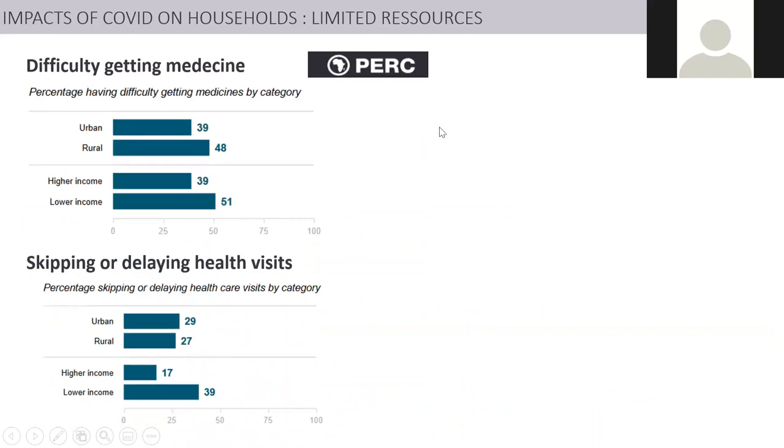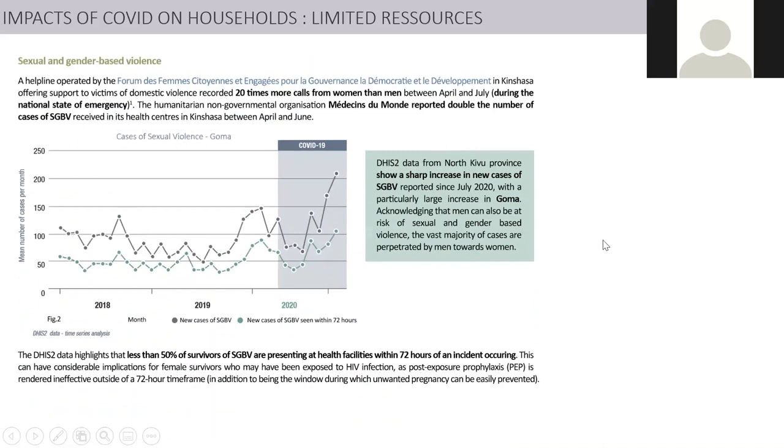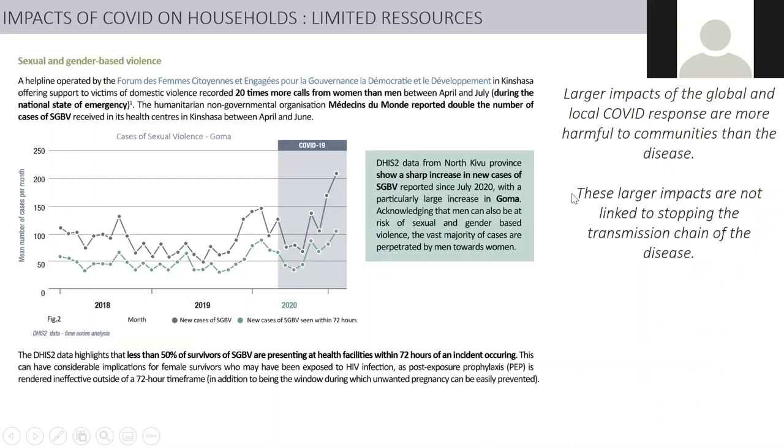Here, this study from PERC shows that 51% of low-income households were having difficulties getting medicine, and 39% were delaying or skipping healthcare visits because of the economic crisis. And we also showed in our data and national information data that the sexual and gender-based violence increased during the lockdown period in the urban areas of Kinshasa and Goma.